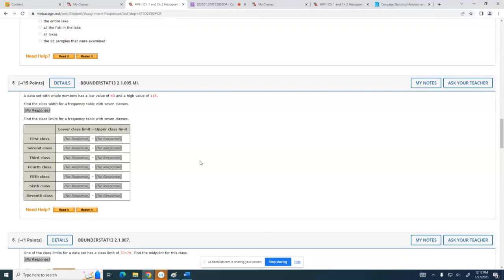When you put in all answers, and I don't have the button here because it's a passive view, you can see the submit your answer key. When you click it, a check is the correct answer, and a red cross is a wrong answer.